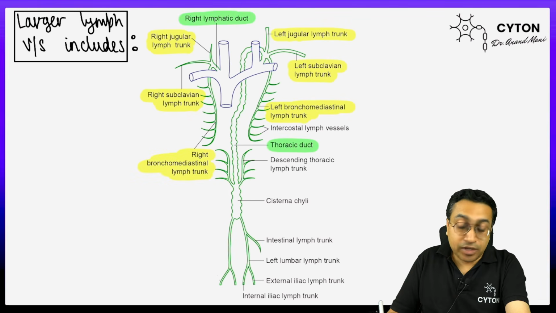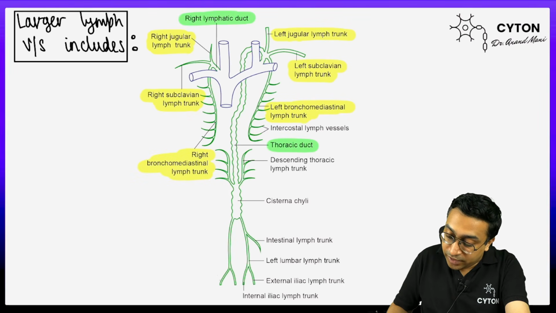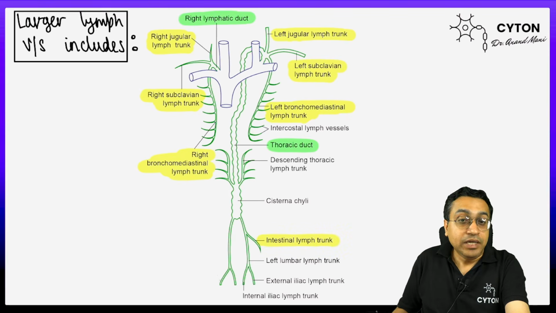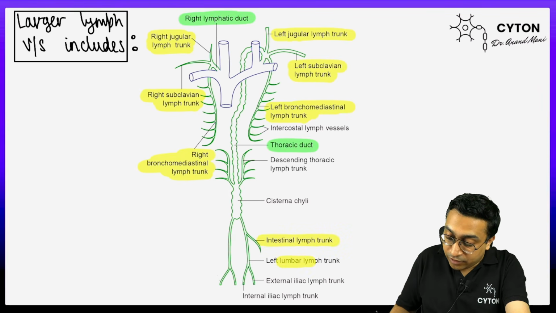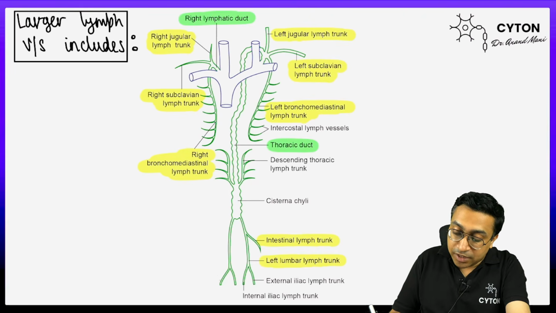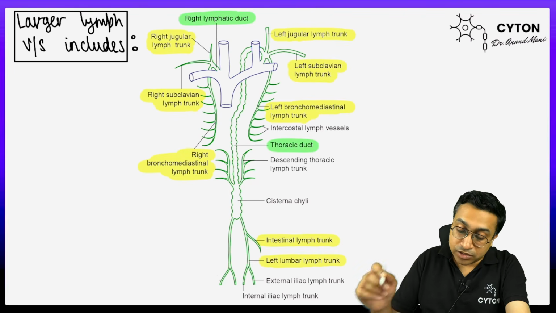Then the intestinal lymph trunks. Then the lumbar lymph trunks. So these are certain important ones which you have to remember for the larger lymph trunks.